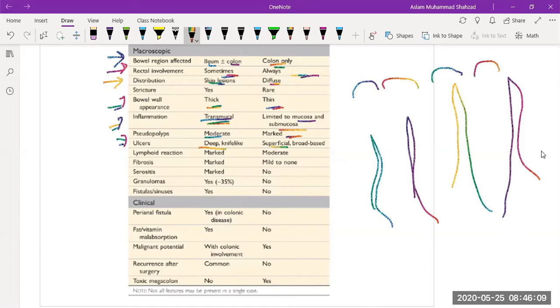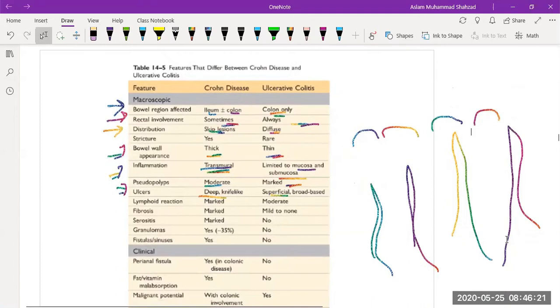Then there are some other inflammatory mediators. Lymphoid reaction is marked in Crohn disease, whereas it is moderate in ulcerative colitis. Then fibrosis is marked in Crohn disease and moderate in ulcerative colitis.